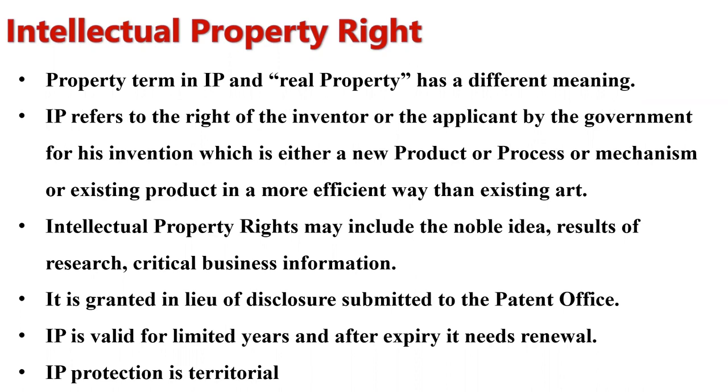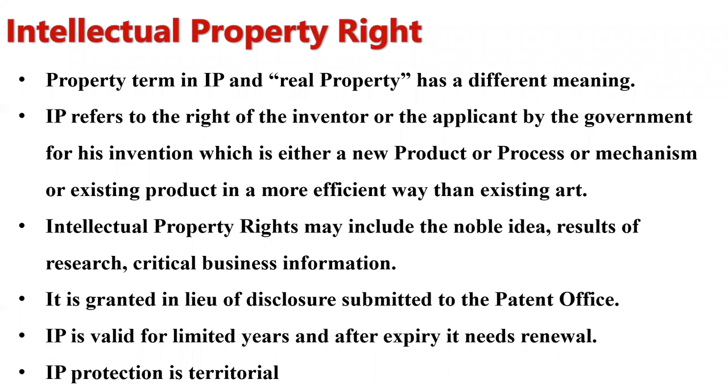Now I have added the word intellectual. The term property in intellectual and in real property obviously has a different meaning, as I said to you as an example. Once I add the word intellectual to property, it has a different meaning.